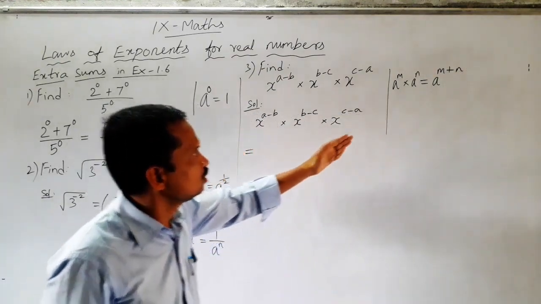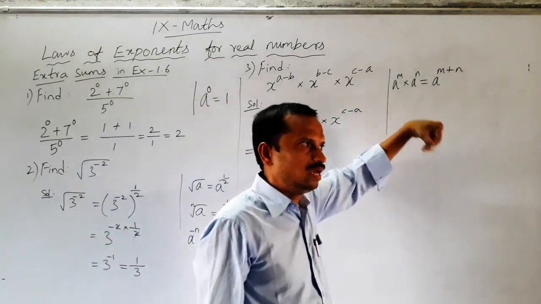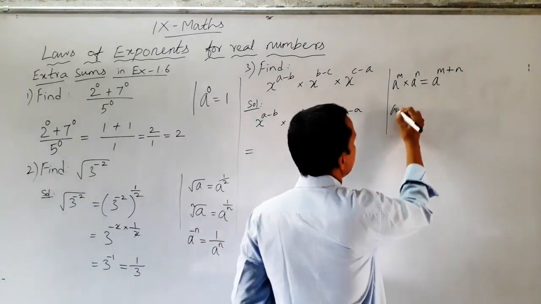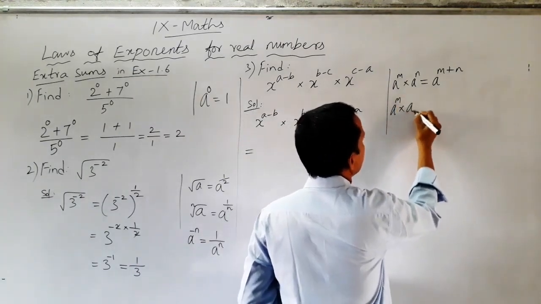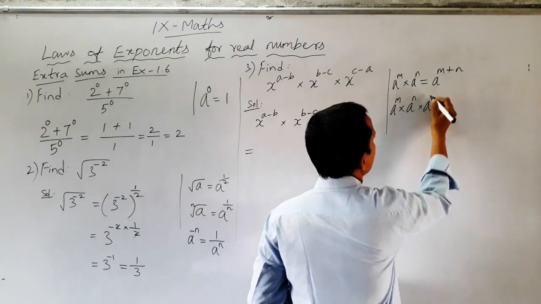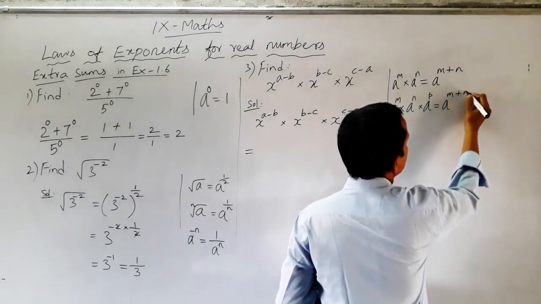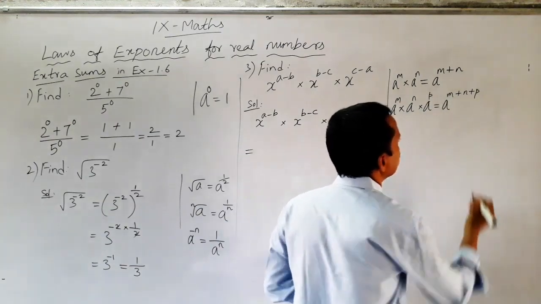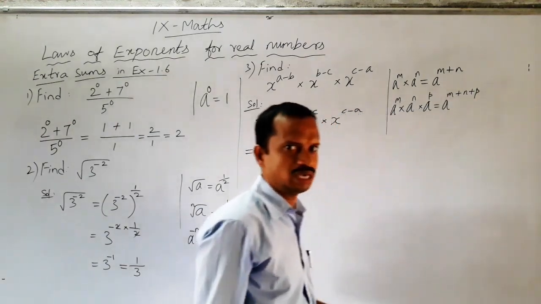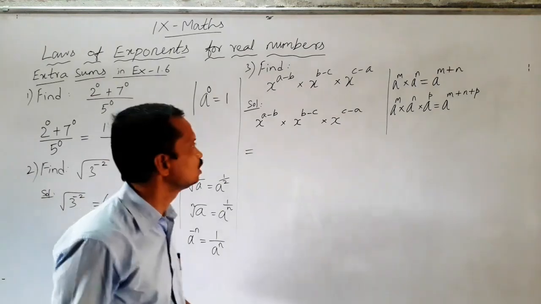So suppose it is multiplied again by a power p. For example, if you write a power m into a power n into a power p, what do you get? a to the power m plus n plus p. So like that we can proceed for the product of the same bases.